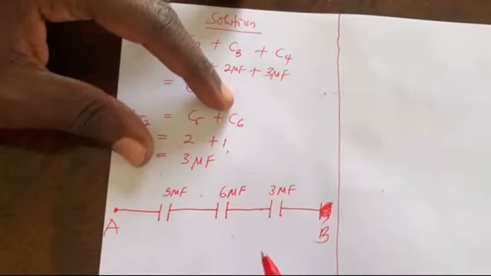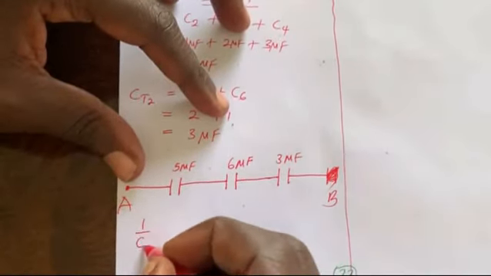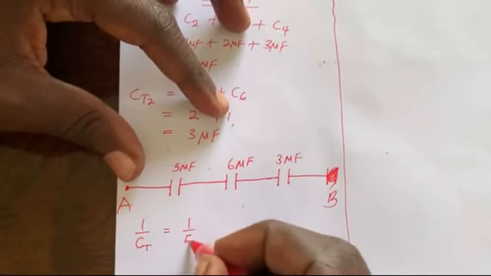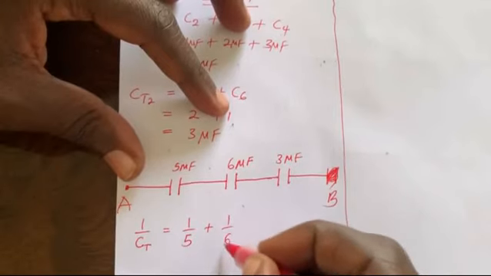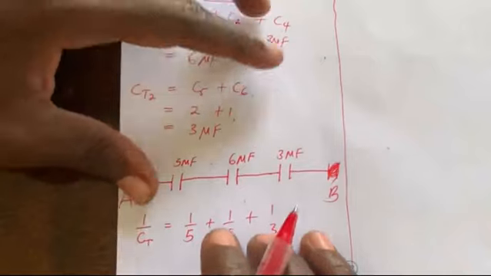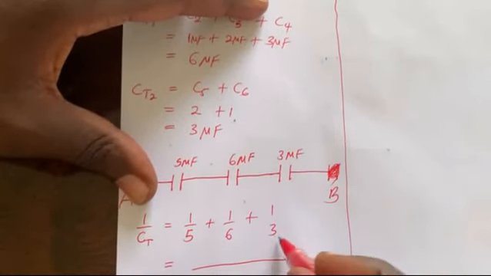So we find their resultant. We say 1 upon C, this is now our total, is equal to 1 upon 5 plus 1 upon 6 plus 1 upon 3. Okay, what is the LCM of 5, 6, and 3? It is 30.